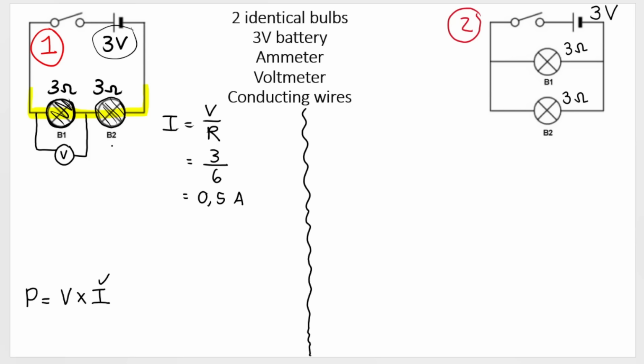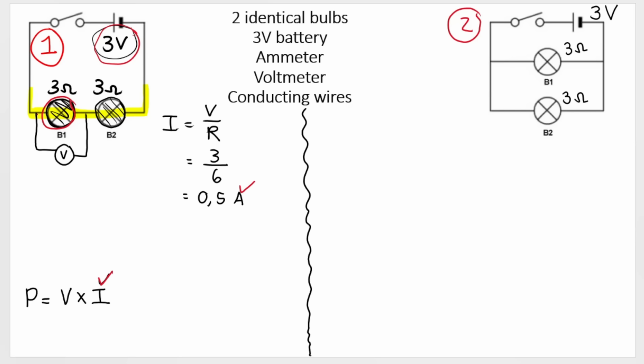Now I have current. But how do I work out the voltage across this bulb? Because what I'm trying to work out is the power of one of these bulbs. So I need the current that goes through the bulb, which I have, 0.5, and I need the potential difference across that bulb. Using the total voltage will not help me because then I will not be getting the power for the light bulb.